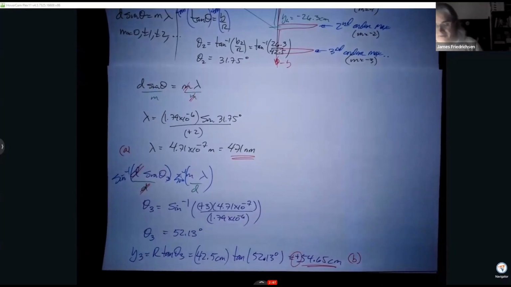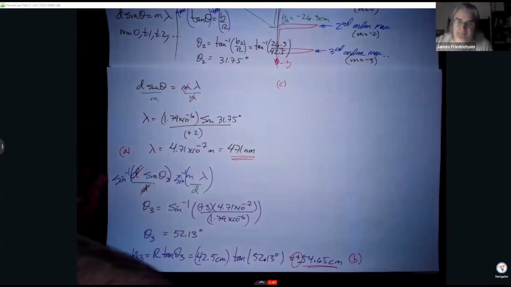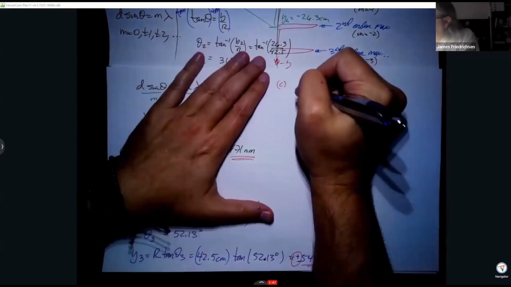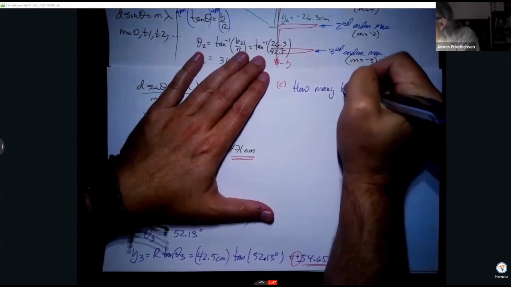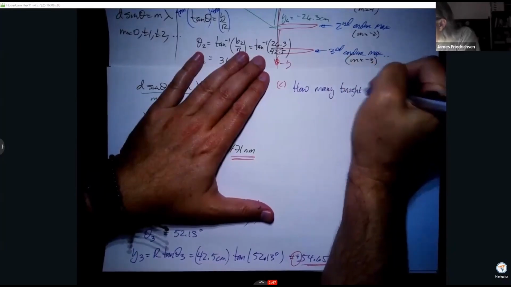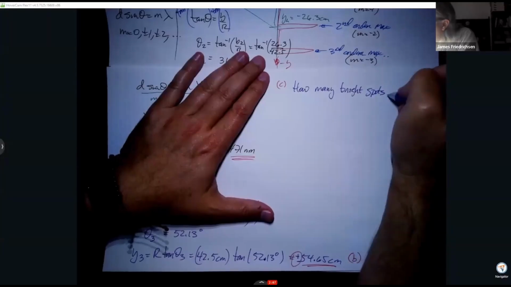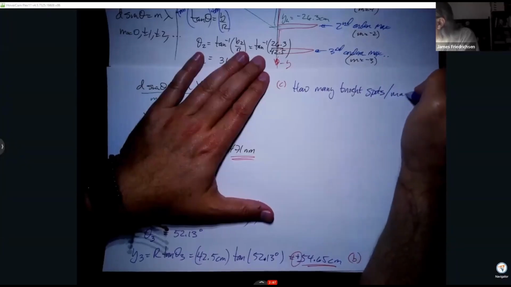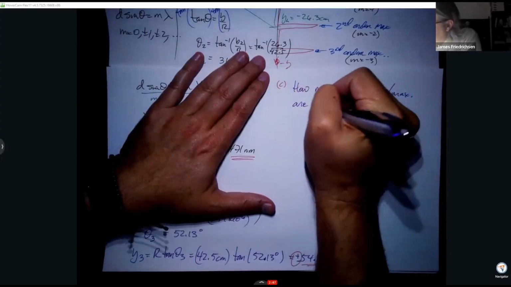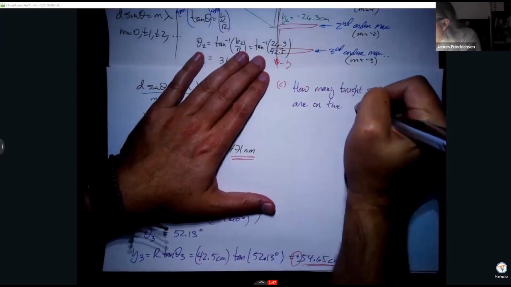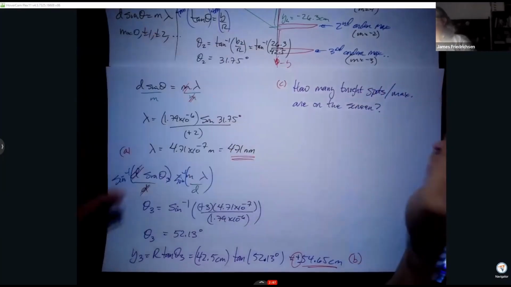I want to do one more thing. Okay, so let me say we'll make question C. And we're going to ask how many spots, lines, fringes, how many maxima are on the screen?